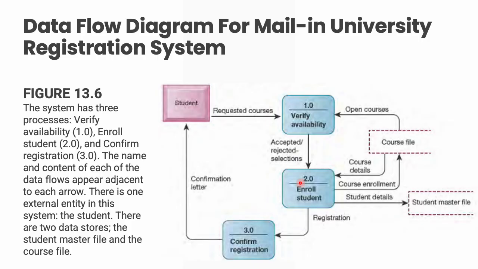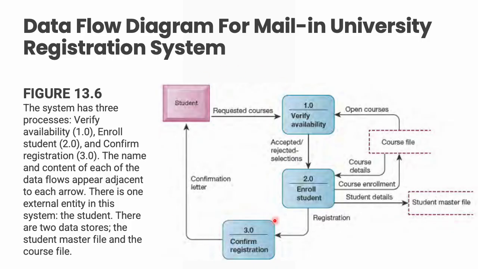It uses your information from the student master file. This is the database of all students, and it is updated with your new class. And after that, there is confirm registration. The system finally sends a confirmation letter back to you, the student, to let you know everything is done.